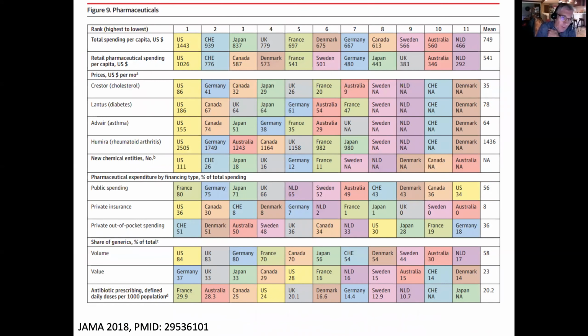The only places where we fall out of the top spot are in public spending on drugs, in which we're last, because our healthcare system puts most of the burden for buying these things on people like you, the employers, and we're low in out-of-pocket spending, at least for now, although that's shifted over time as more costs have shifted toward employees, as we'll talk about in a little while.